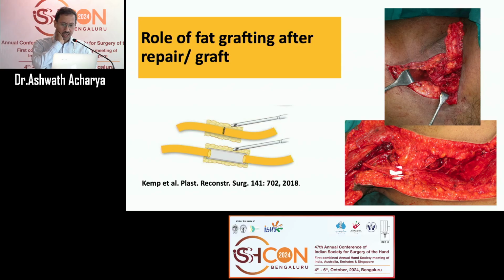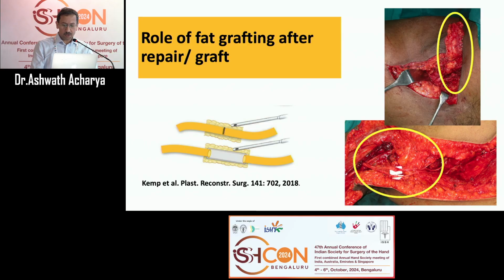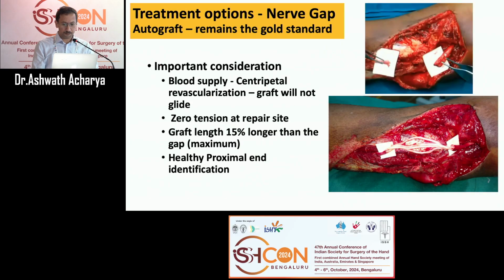One thing which I have come across and wanted to tell was the concept of fat grafting. Autologous fat grafting has been in vogue, but for nerve injuries it has come up in recent times. What I generally do now, after reading this, is preserve a vascularized pad of fat and cover the graft with it. In brachial plexus I routinely do this, and we always do that for intercostal nerve transfers.